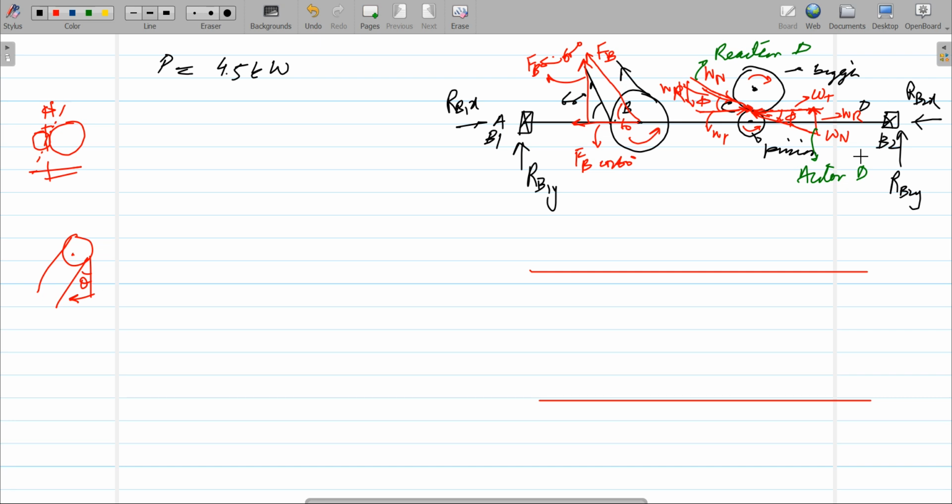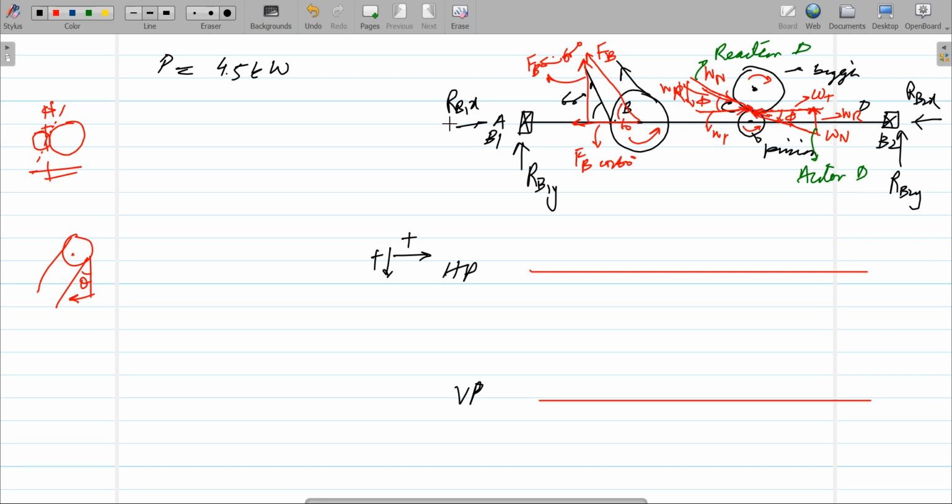So by using this, you have to split this free body diagram into two parts. One is called the horizontal plane, second is called the vertical plane. The idea is to separate forces in the horizontal and vertical plane. Now it's very difficult to draw forces in the horizontal plane, so we take the assumption that whatever is in the right direction, from left to right, as positive will be drawn on this horizontal plane as upside down.